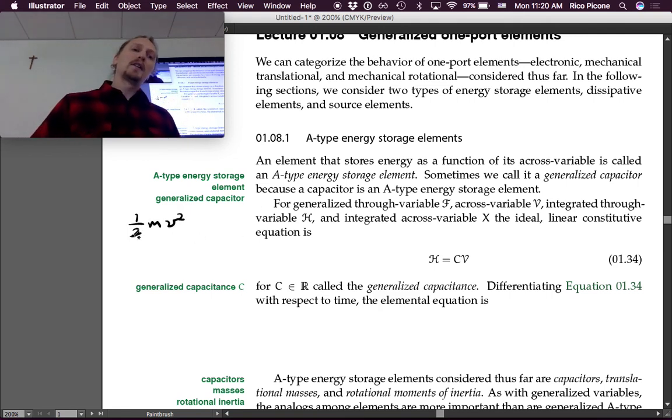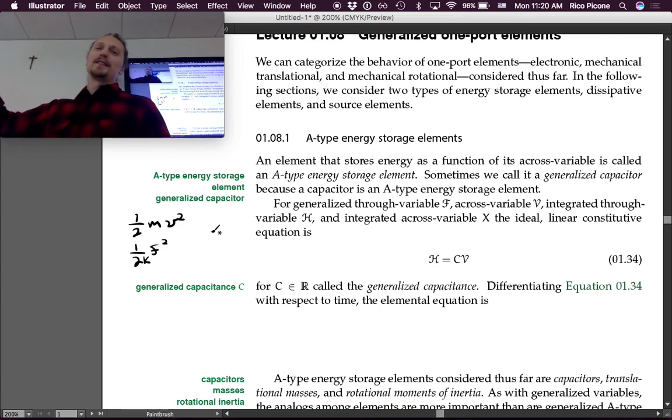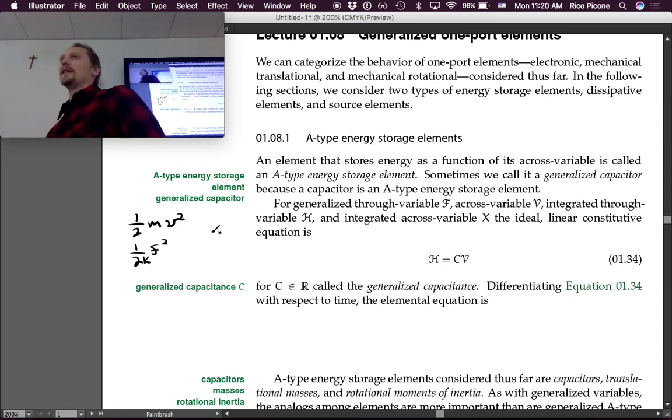Remember that the energy for the spring, linear spring, was 1/2k times the force in the spring squared. Even though you've often seen 1/2kx squared. But that's not, well, I tried to give an argument for why we don't look at it that way.